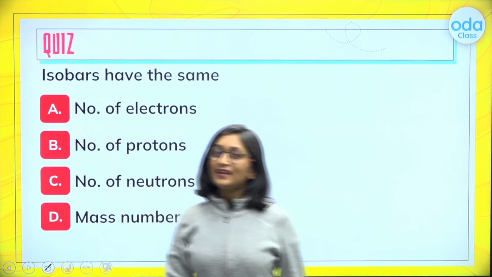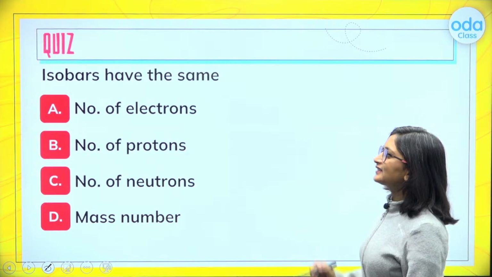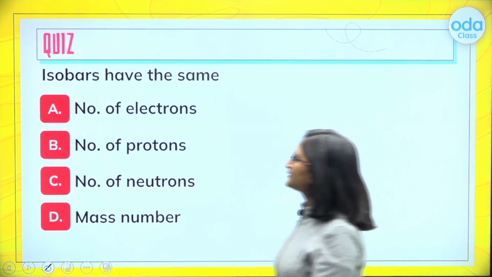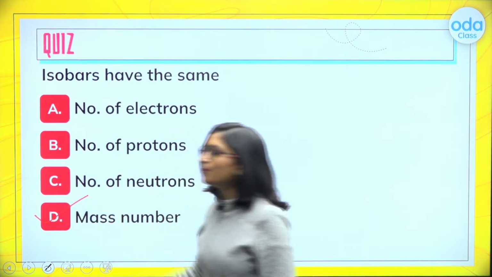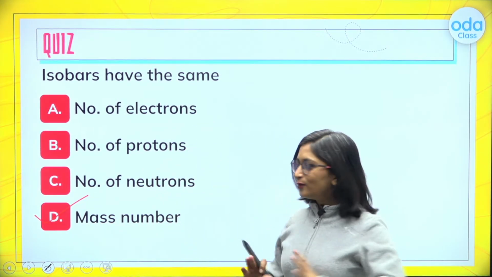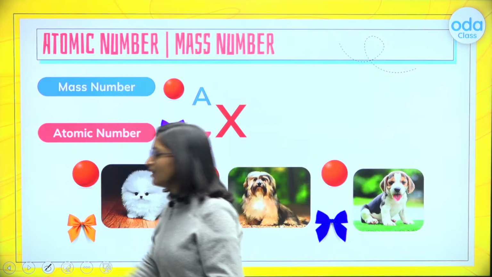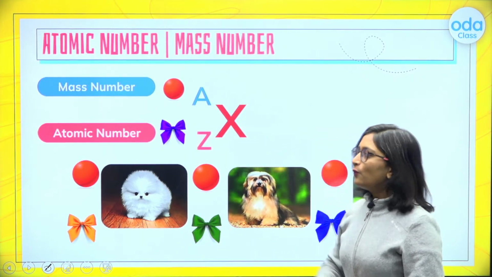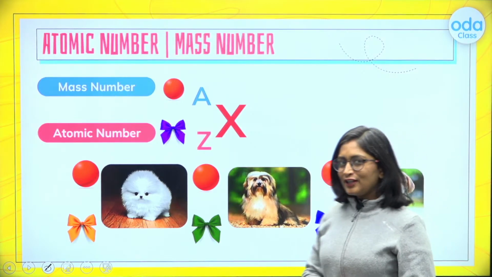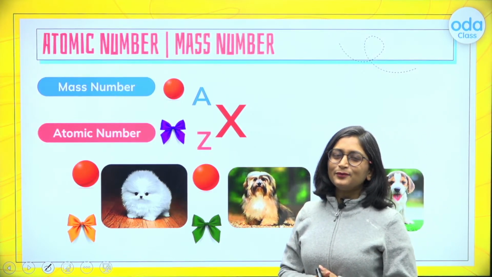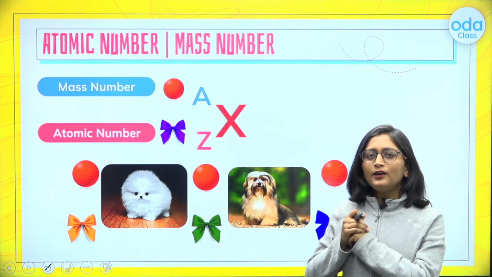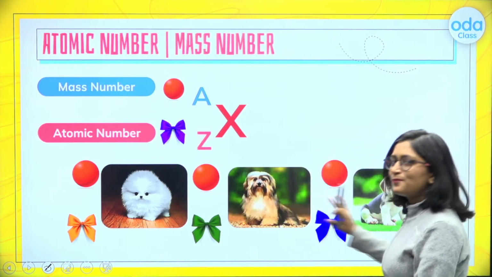If they have different elements, they will have different atomic numbers. And what is the same in this case? We have the same mass number in case of the isobar. Got it? Now, are you able to clarify the difference between the isotope and the isobar? When you look at this diagram, you will find that in the case of the isotopes, we were looking for the same atomic number.